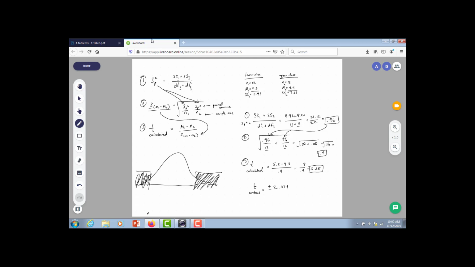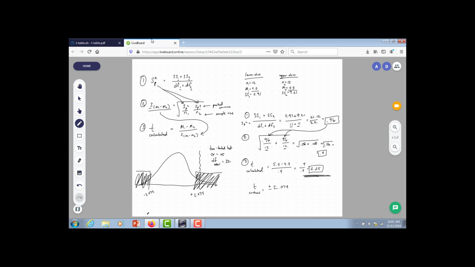All right, so based on this being a two-tailed test, alpha 0.05, and the total degree of freedom being 22, our T critical is 2.074 on this end and minus 2.074 on this end.